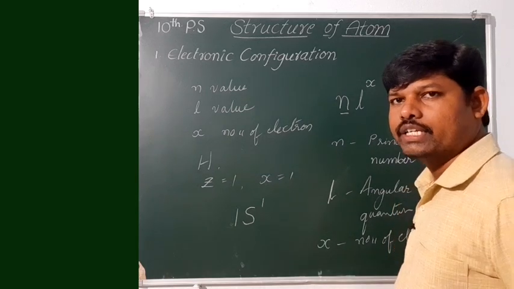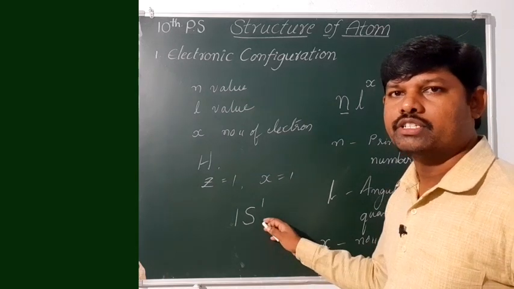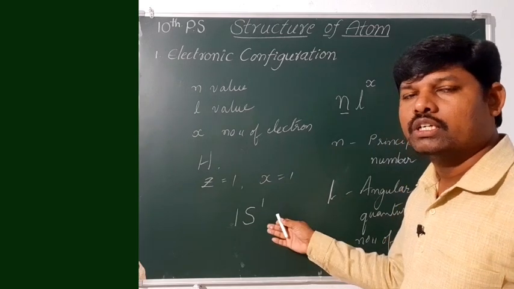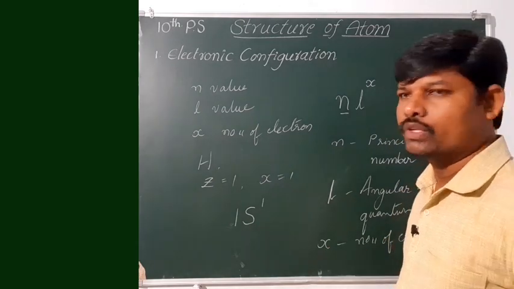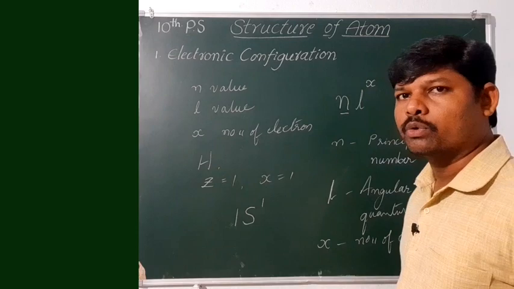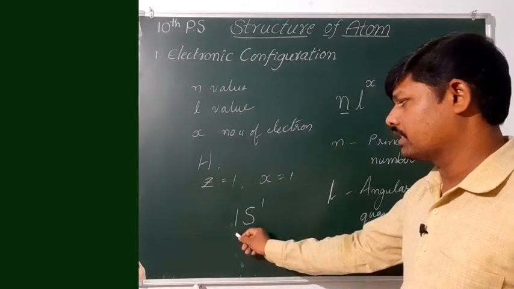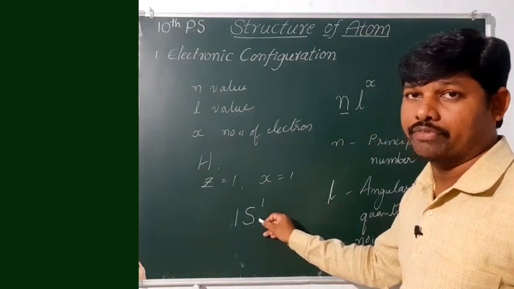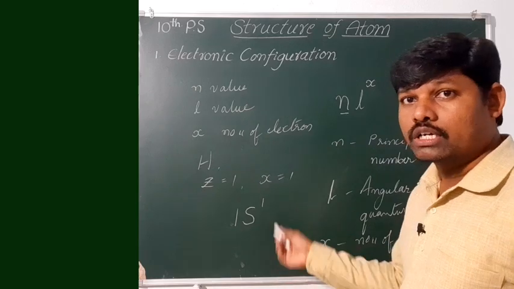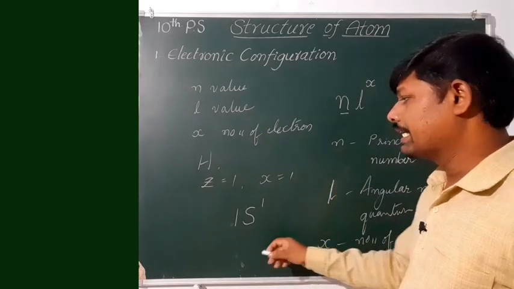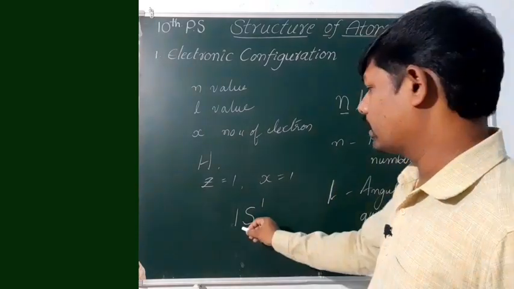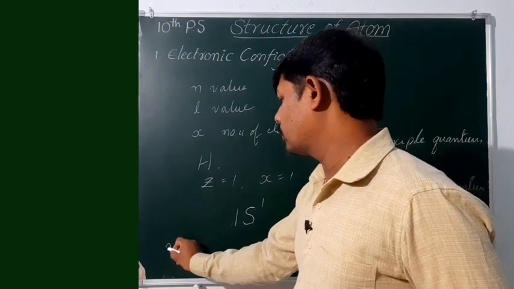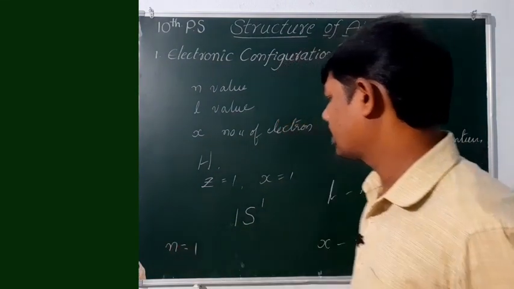We can also write this hydrogen atom configuration by representing the spin quantum number. First of all, we have to write all the quantum numbers for this 1s1, the electronic configuration of hydrogen. What are the quantum numbers? The first is the principal quantum number, N is equal to 1.